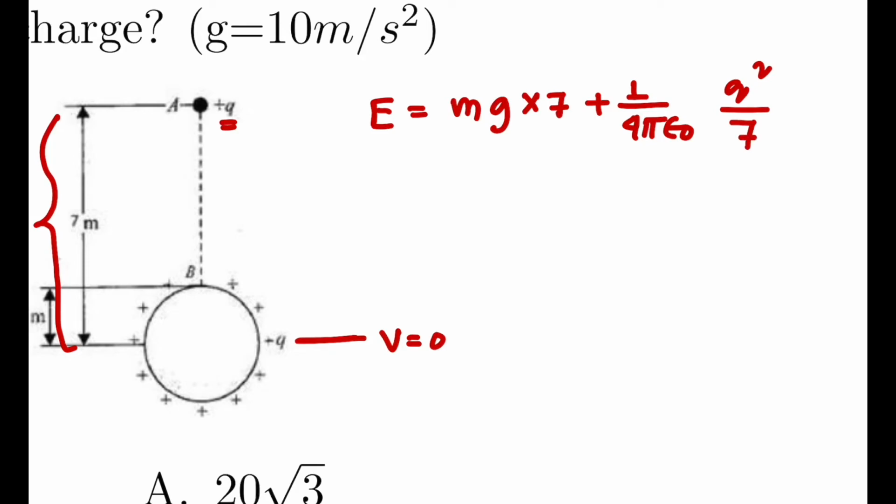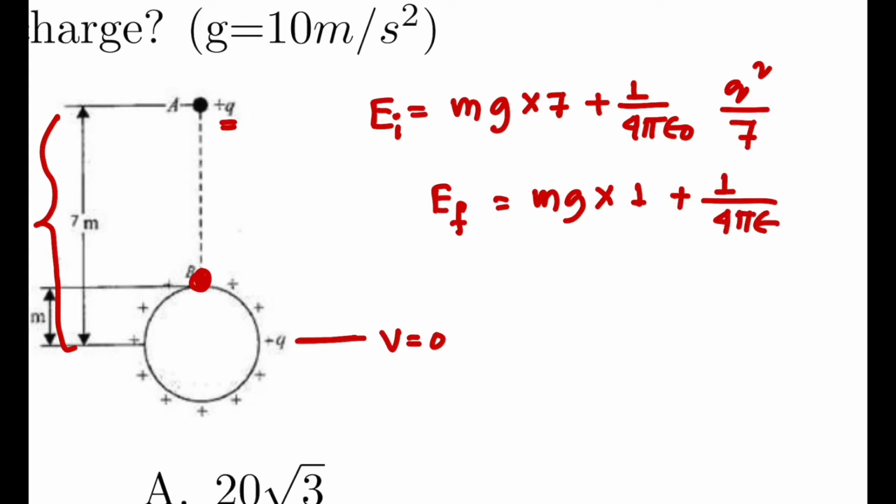And when it touches here, then also it does not have any kinetic energy, it has potential energy mg into 1 plus 1 by 4 pi epsilon naught Q square by 1, because this distance is 1 meter.